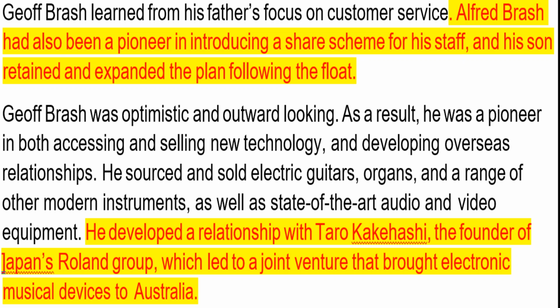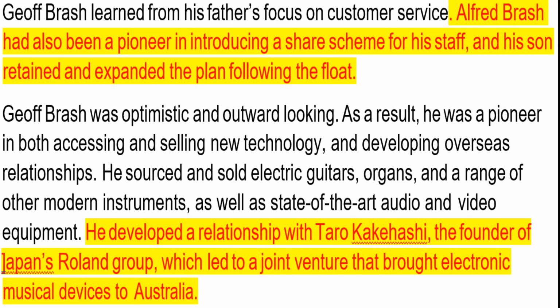He developed a relationship with Taro Takahashi, the founder of Japan's Roland Group, which led to a joint venture that brought electronic musical devices to Australia. So, he, Jeff Brash, Japanese company, Japan's Roland Group, collaborate with, developed a relationship with.